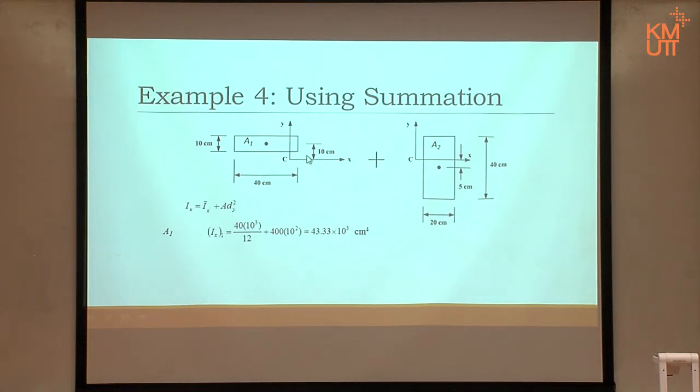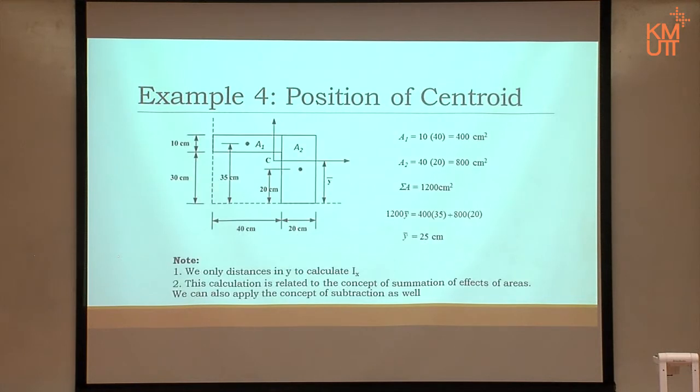Where is that 10 coming from? Can I go back a little bit? That one from here to here is 35, correct? We calculated Y bar as 25. Therefore, the distance between these two axes must be 10. Correct?